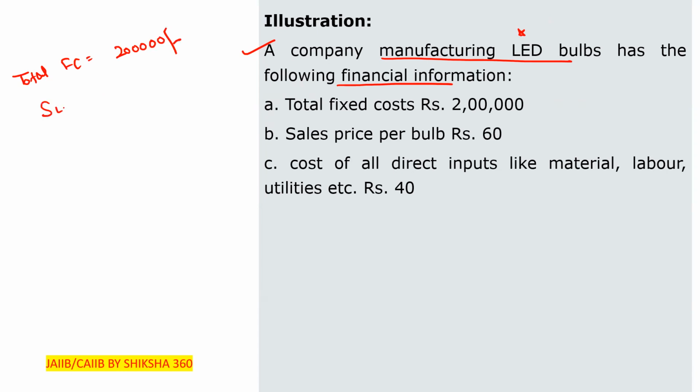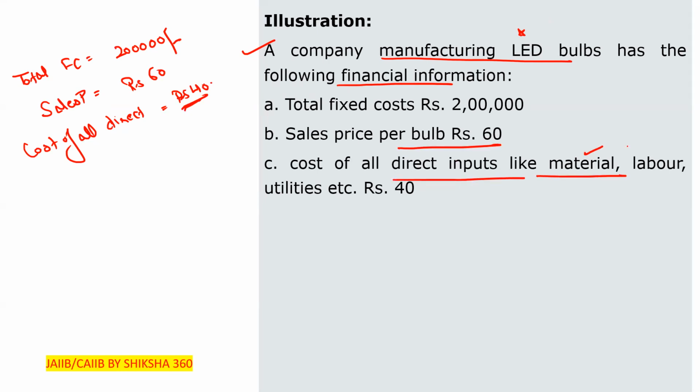Sales price per bulb is rupees 60. Cost of all direct inputs like material, labor, utilities, etc. is rupees 40.